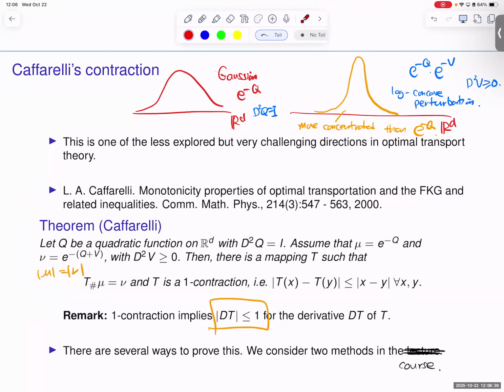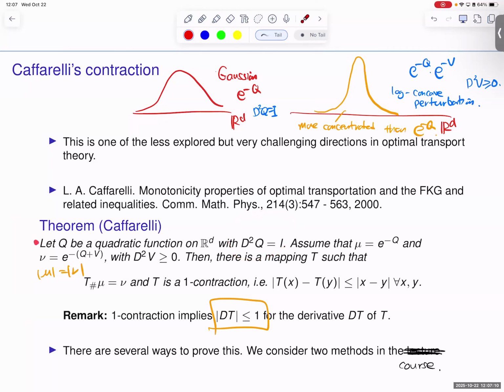For example, the log Sobolev inequality is one such example. There are many other types of isoperimetric inequality, and in fact, Caffarelli's theorem gives a very general isoperimetric type inequality related to the Gaussian measure.